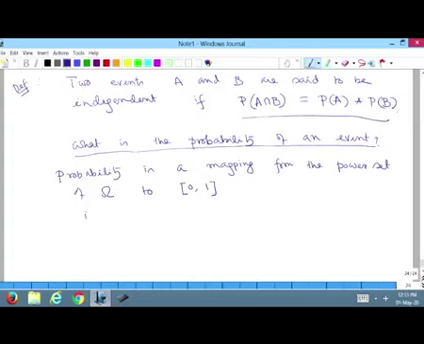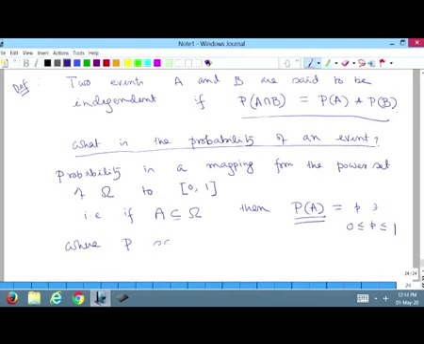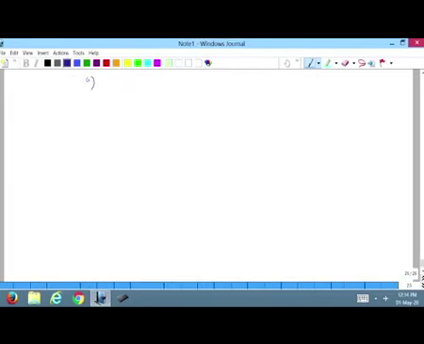That is, if A is a subset of omega, then P of A, the probability associated with the event A, is a number P such that 0 is less than or equal to P is less than or equal to 1, where P satisfies the following: A, P of A is greater than or equal to 0 for all A contained in omega.